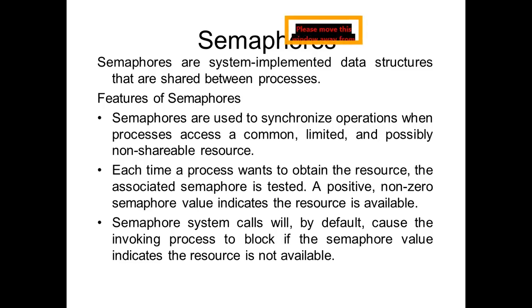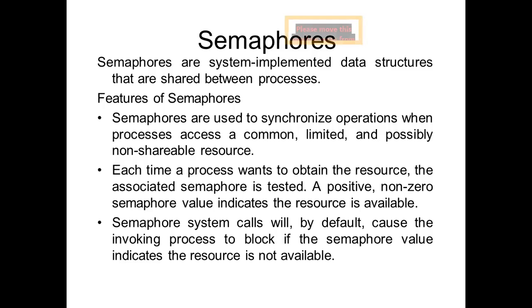During the running condition of the programs, that is called the process. So semaphores are used to synchronize operations. If a number of processes are running, then how does the semaphore synchronize the operation?